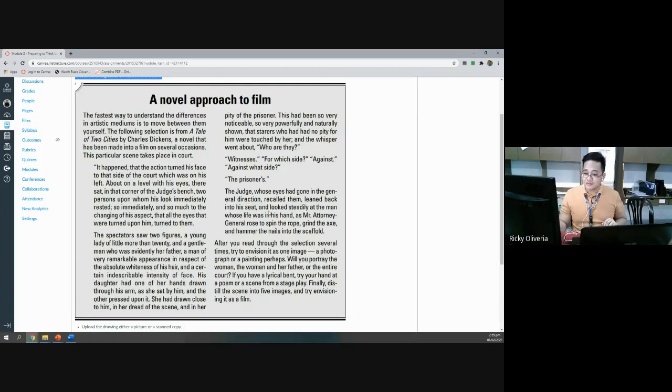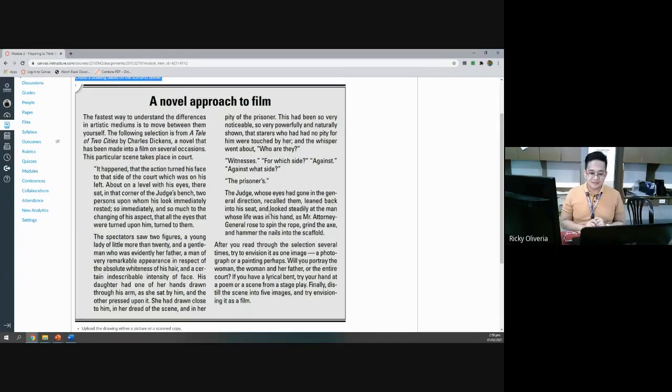Okay? Ang imagination ba natin is nakikita natin may isang tao nasa korte, may paglilitis na nangyayari, no? So ibig sabihin, it would just depend on your imagination on how are you going to interpret this one. Okay? So this is your laboratory activity. Okay?